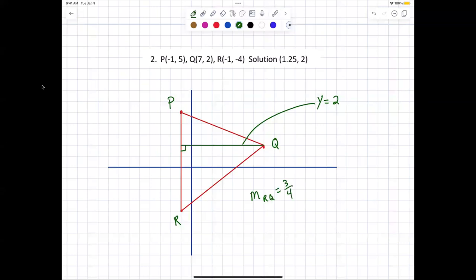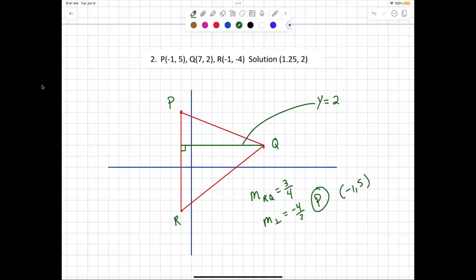So now I need the slope of the perpendicular, which would be what? All right, now the thing that throws kids off sometimes is what point is that going through? That's correct. It's going through point P. That's the important thing. All right, so P is what? -1, 5. All right.